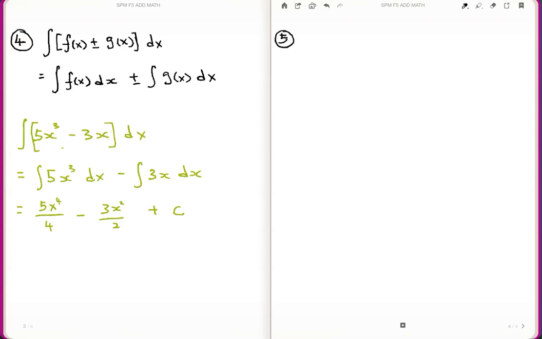The fifth one is called the substitution method. It could be hard initially, but once you get along with it, you find that it's very easy.